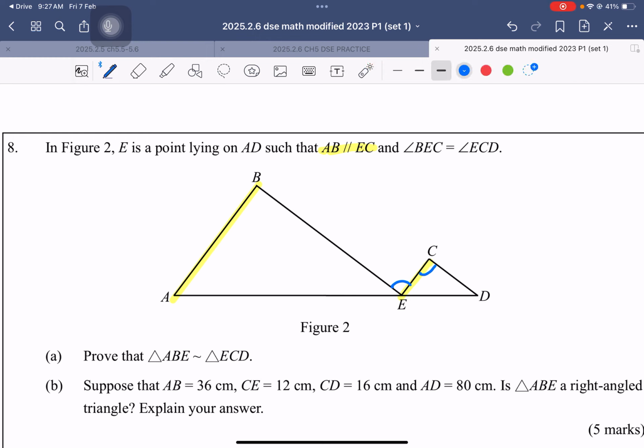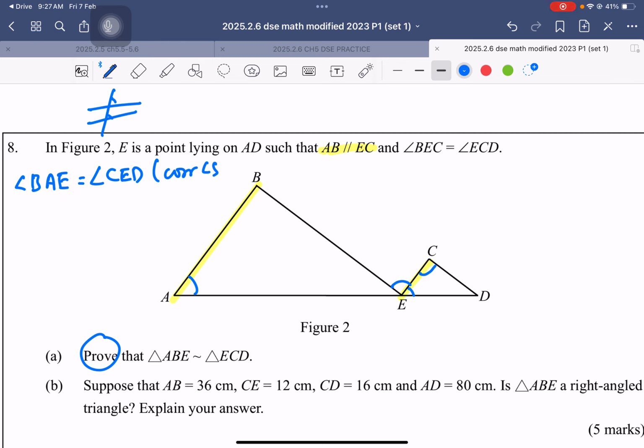Remember this? If you have parallel lines, these are the corresponding angles. So angle BAE is equal to angle CED, the corresponding angles. This is a proving question, so you must write down the whole reason.